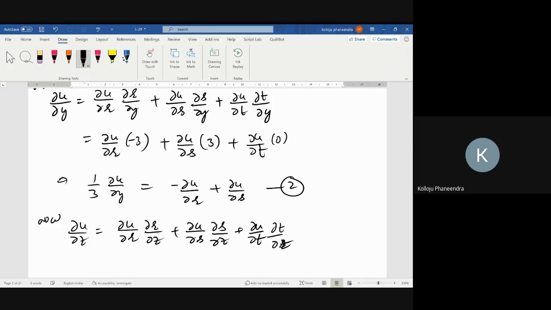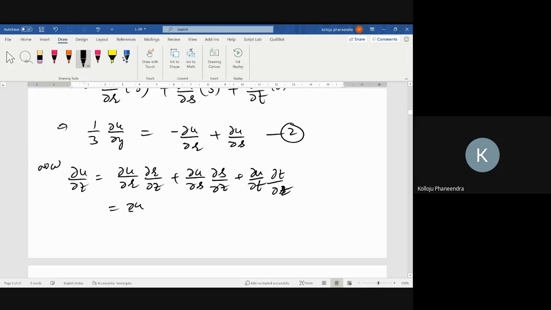So first this one, ∂u/∂r. What is r? 2x minus 3y. There is no z term. ∂u/∂s and ∂s/∂z, what is this? Minus 4. And ∂u/∂t into ∂t/∂z is what? 4.